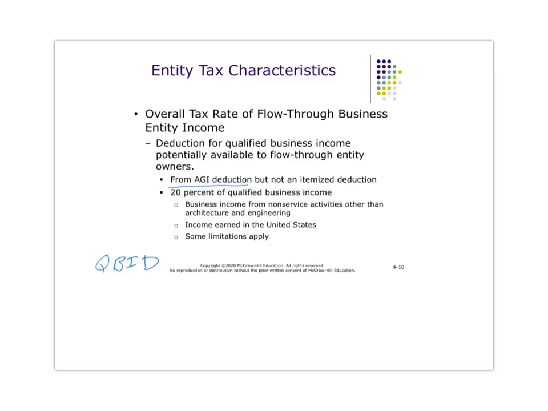And what is your qualified business income? Well, your qualified business income has to meet these three categories. And QBI does not include income earned as an employee, or guaranteed payments.